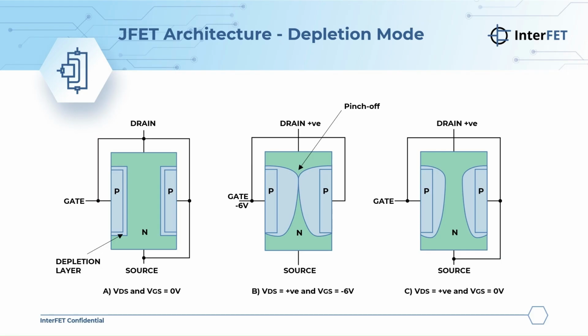Designers bias around this point to trade off gain, bandwidth, and noise for their application. The key takeaway, a JFET is a voltage-controlled and normally on device. By reverse biasing the gate, you crimp the hose to set the exact current you want, cleanly and quietly. This physics is why JFETs excel in low-noise front ends and high-impedance sensing.